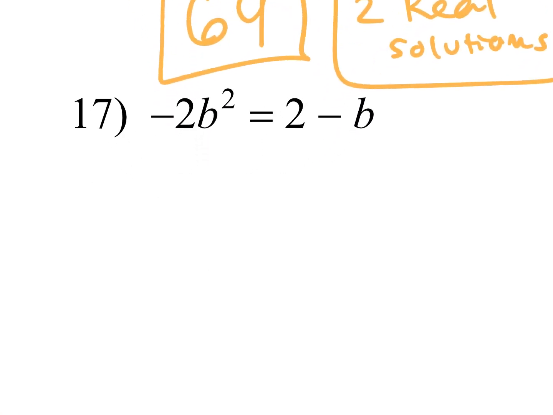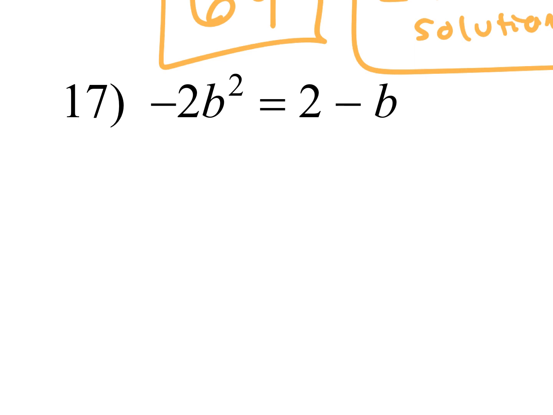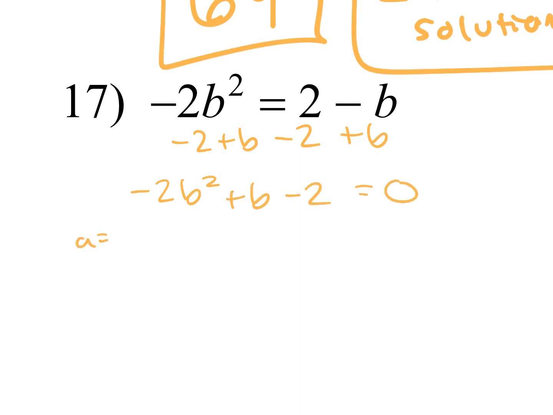So for 17, what should I do first? Minus 2 and add b. So what order should I rewrite this? Awesome. So what's A? What's B? And what's C?